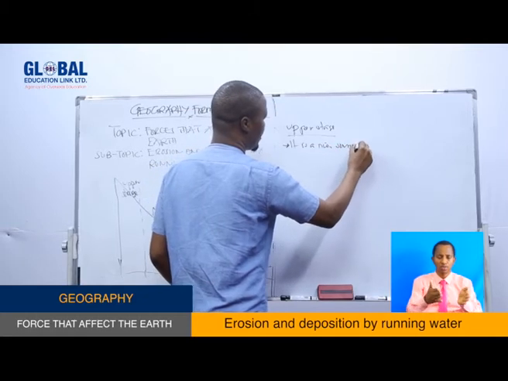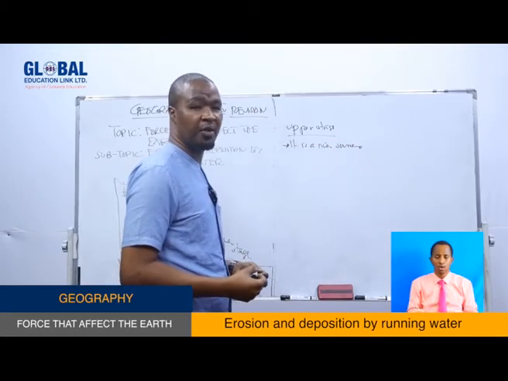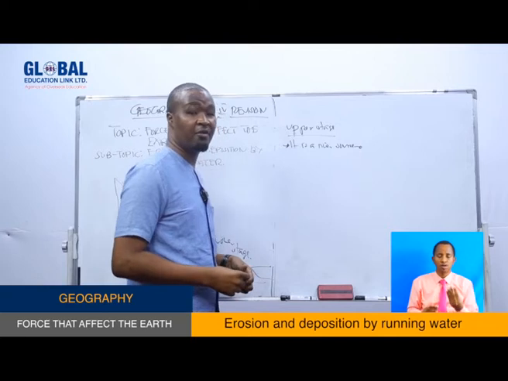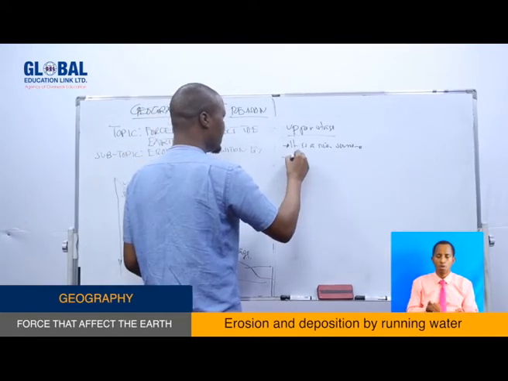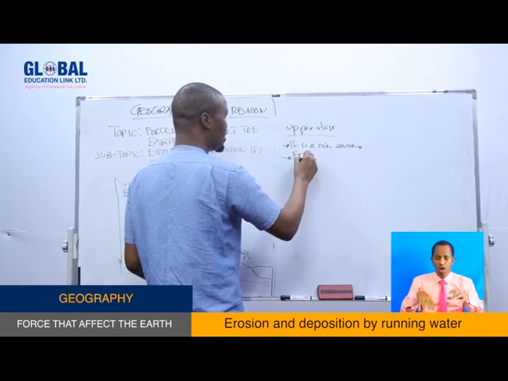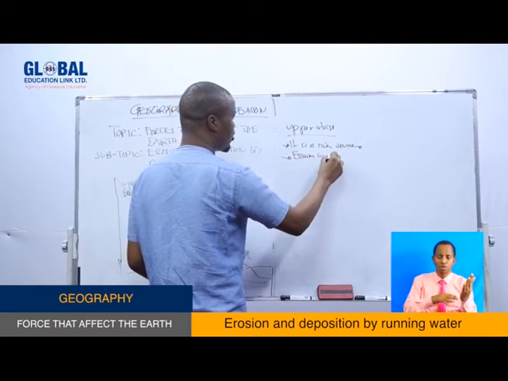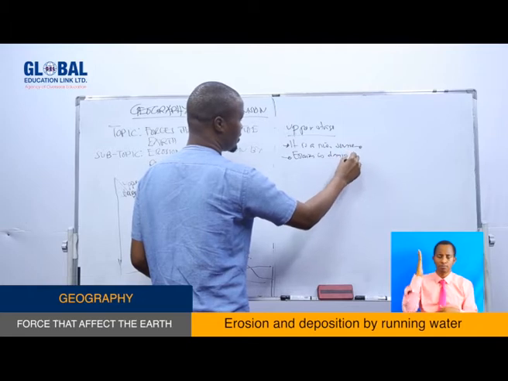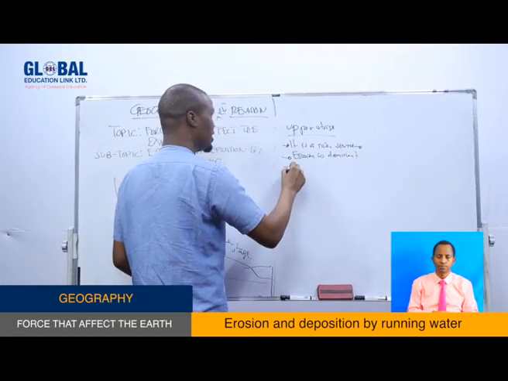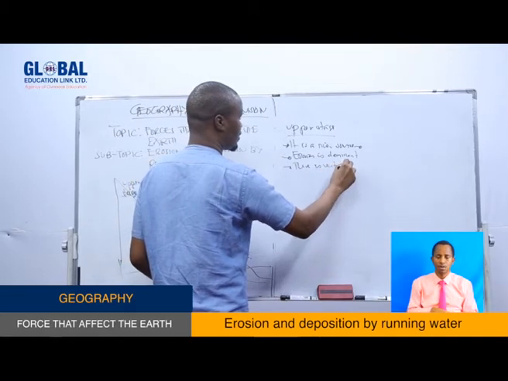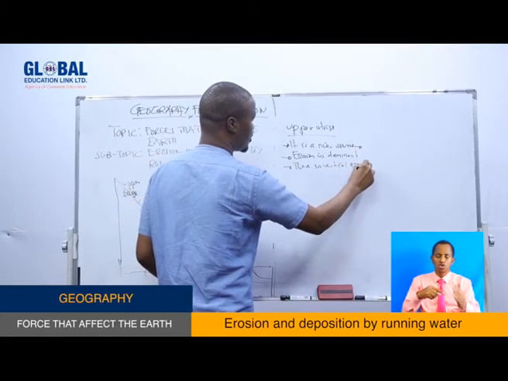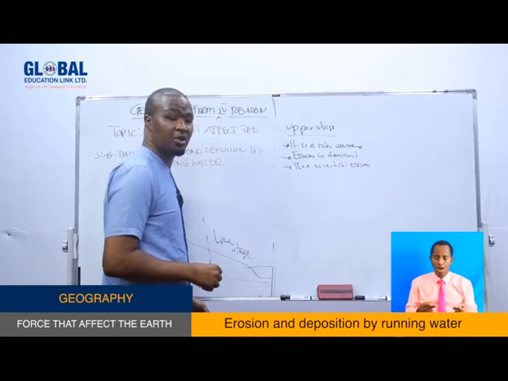It's where you can get the springs, ice melt, rainfall. Then we say erosion is dominant. Erosion is dominant, but there is vertical erosion.